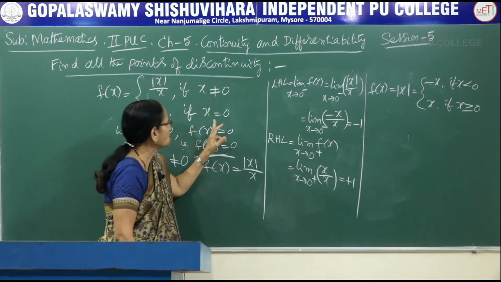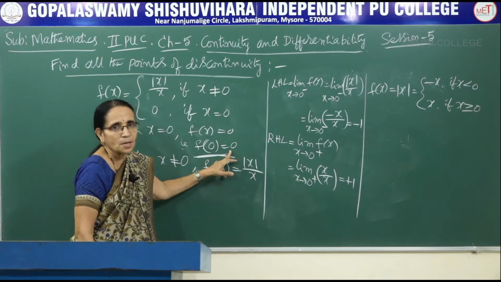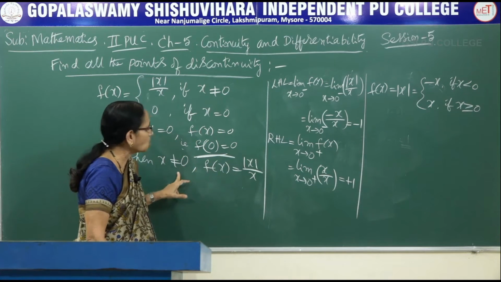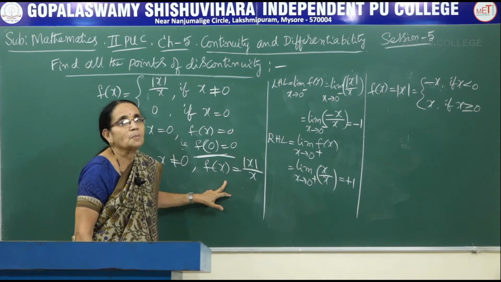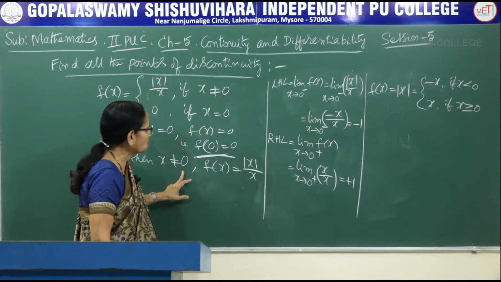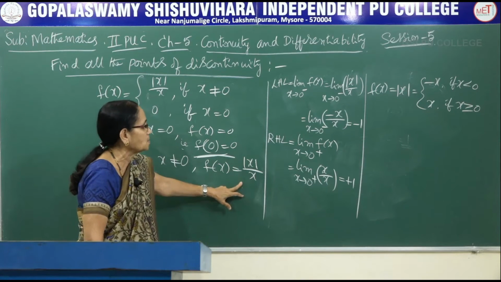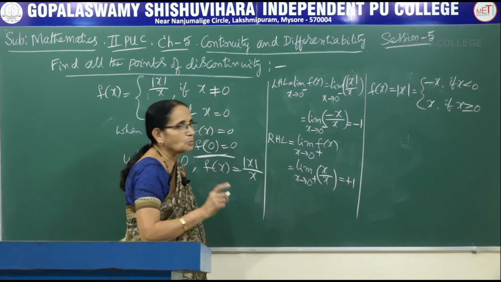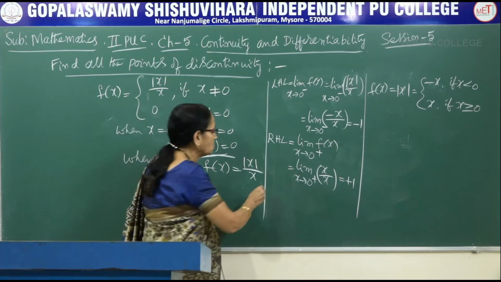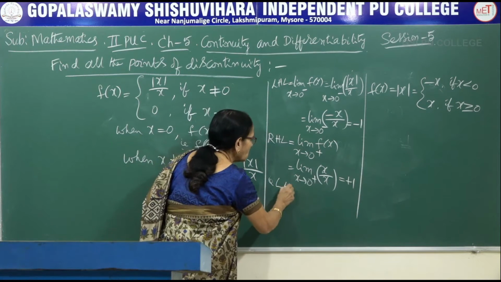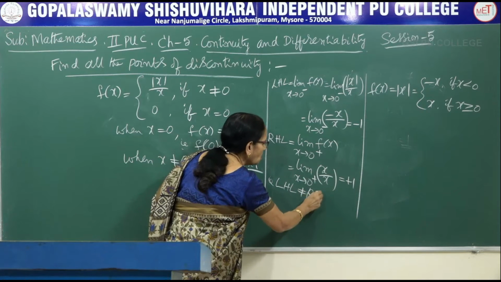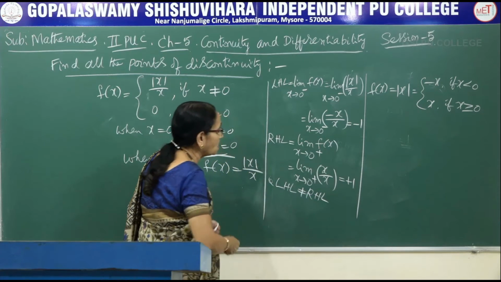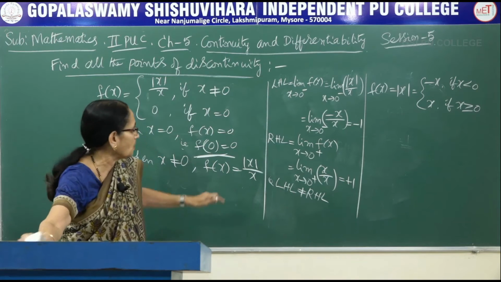Therefore, when x is equal to 0, the value has been given as 0. When x is not equal to 0, I am getting the limit of the function. When x is not equal to 0, f(x) is defined like this. So we have to get the limit of the function. But we observe that both the limits are unequal. That is, left hand limit is not equal to right hand limit. That means that when x is equal to 0, the value is 0.